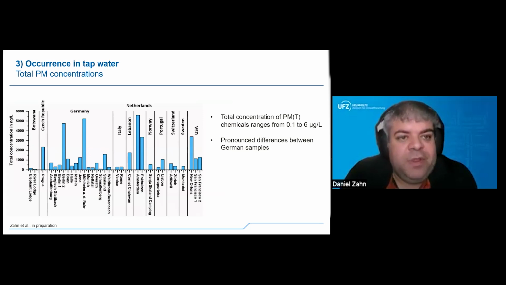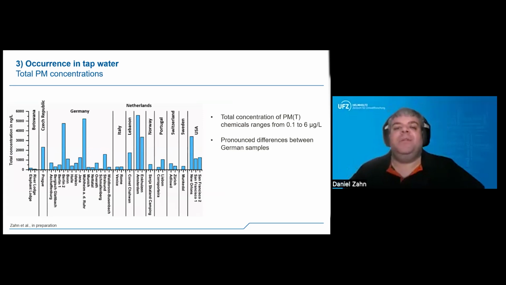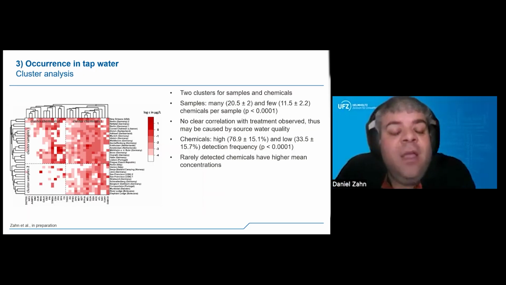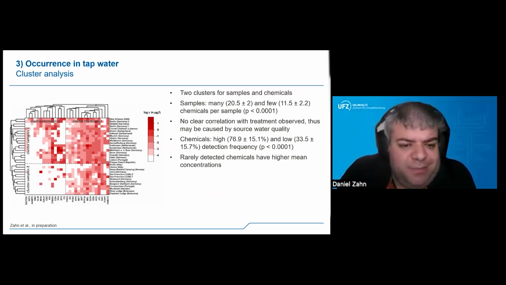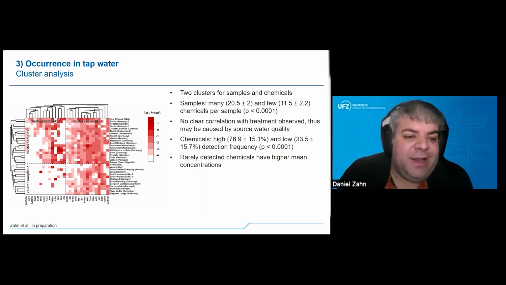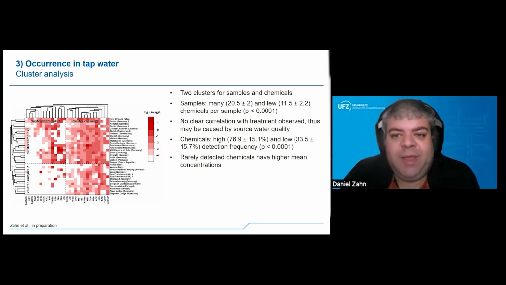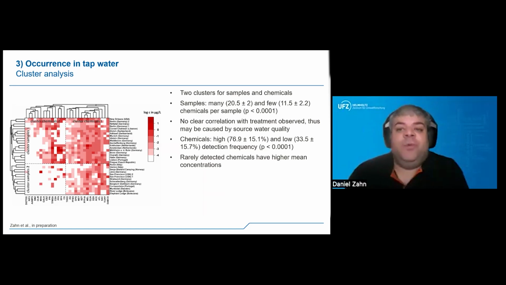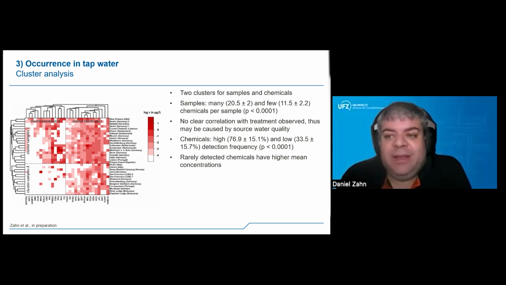So with this, we wanted to do some statistical analysis to find out if we can observe patterns. What you see here is a cluster analysis and the heat map. The heat map gives you indications about the concentration of chemicals in certain samples, and the cluster analysis is, in the end, clustering them together. We observed 2 different types of clusters: a cluster for samples and 2 clusters for chemicals.